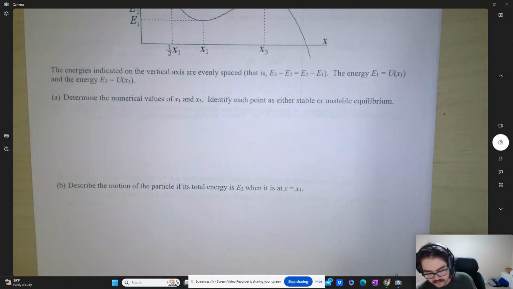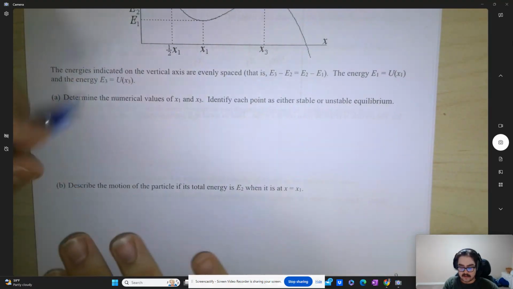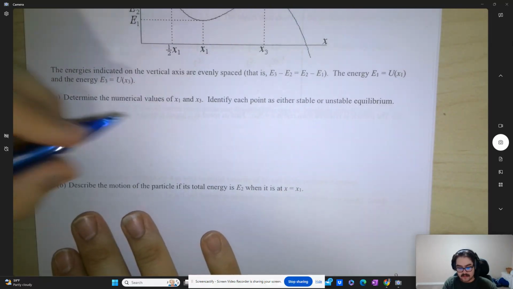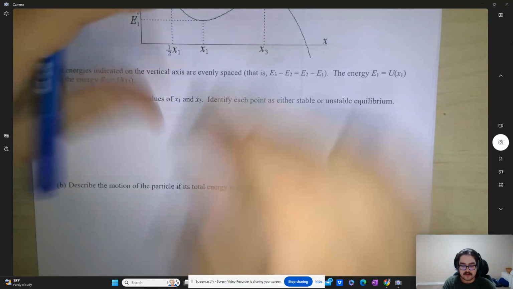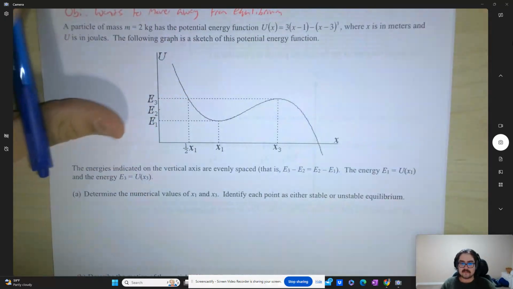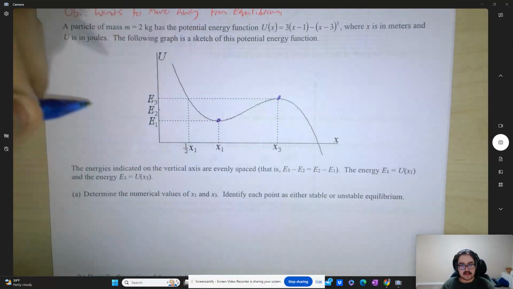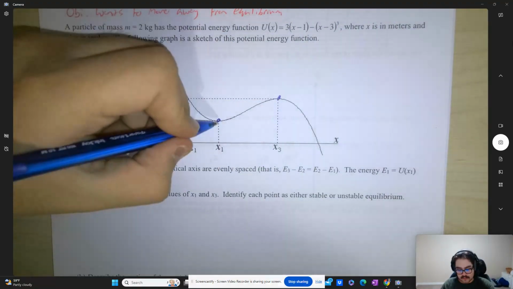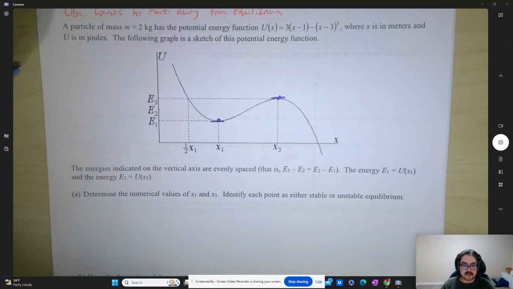To figure out the values for x1 and x3, and these, by the way, let me move it down so you can actually see the function as well. These are both actually equilibrium points, because you notice that the slope momentarily is zero at both of these points.